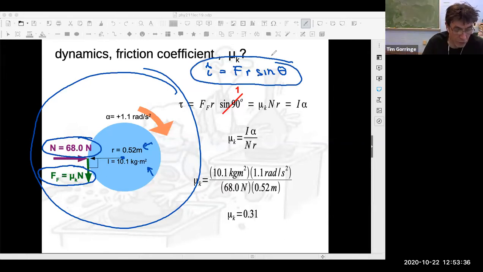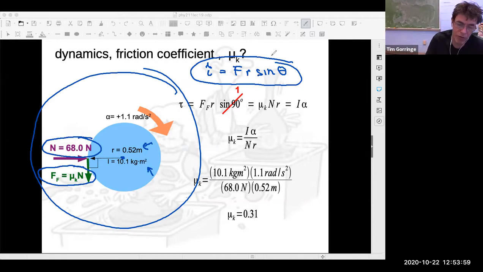For the normal force, there is a normal force, 68 newtons. It is applied some distance from the axis of rotation, 0.52 meters. But the normal force and the vector from the axis of rotation to where the force is applied, they're 180 degrees to one another. One of them is towards the left on my sketch.